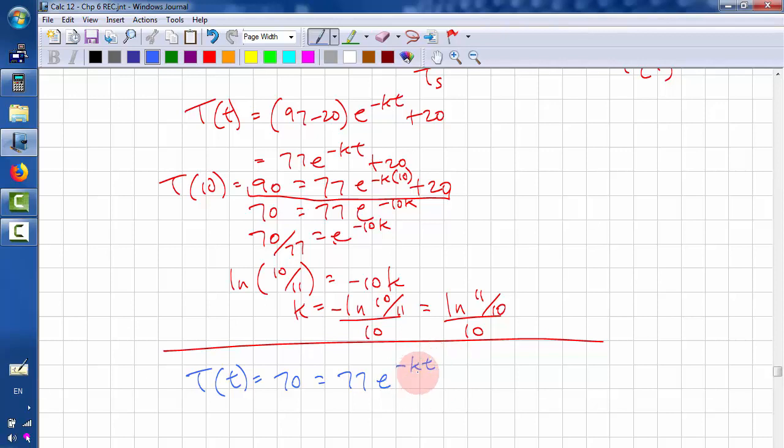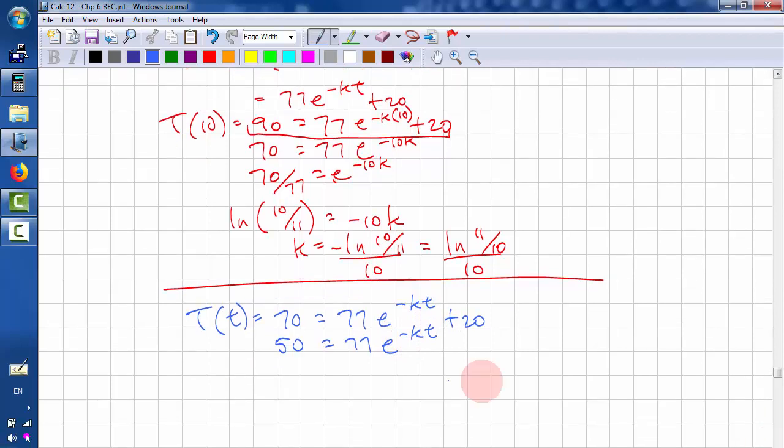So it's best to leave this as k because this is a lot to write out, and we'll substitute this value in for k later after we've done more algebra. Plus 20. So we have 50 equals 77 e to the minus kt. Divide both sides by 77, so 50 over 77, there's nothing common there, equals e to the minus kt.